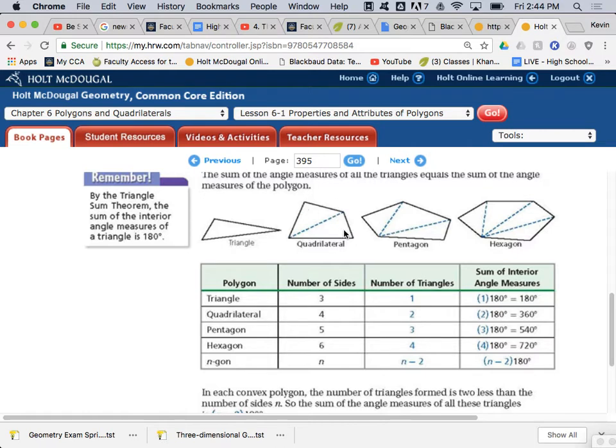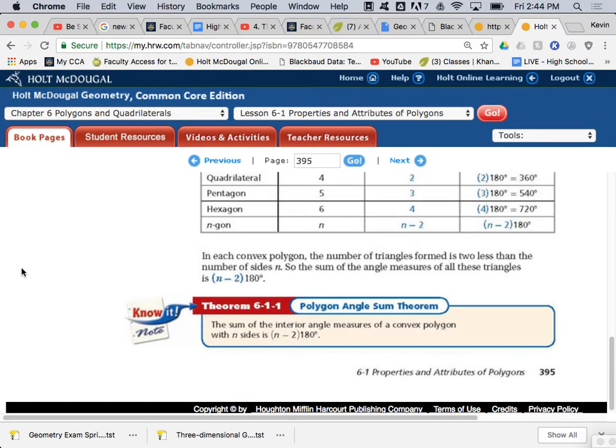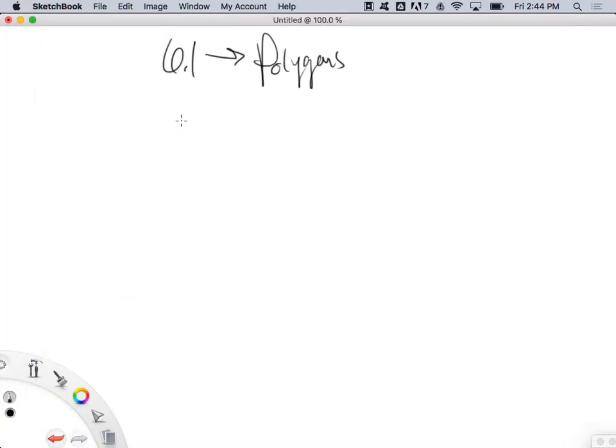What do the angles add up to in a quadrilateral? 360, because I added a side. In a pentagon, add another side, add another 180, so it's 540. Add another side, 720. How do you get the formula? It's n minus 2 times 180, where n is the number of sides.